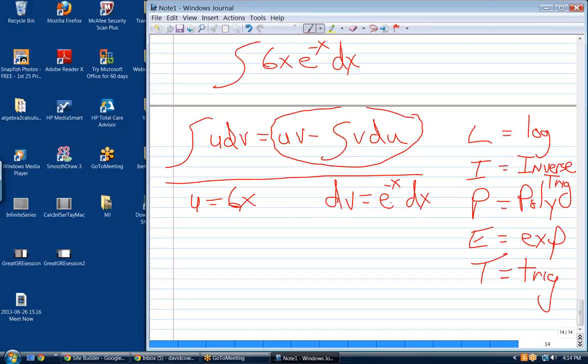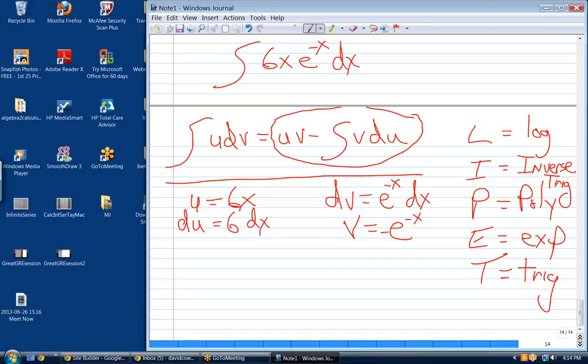Well, I can get all of those things. I've got u, but I don't have v, and I don't have du. But I can solve for du by differentiating the u part, and I can solve for v by integrating the dv part. And that's always what you want to do.